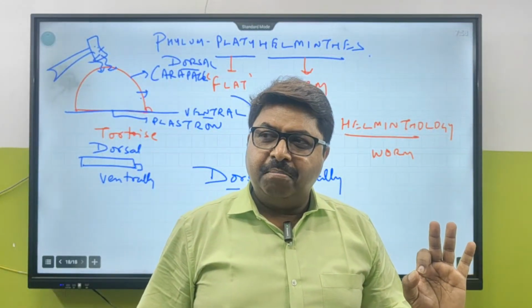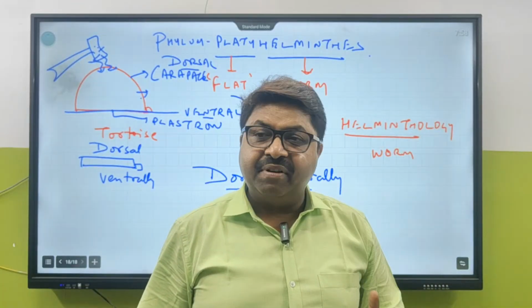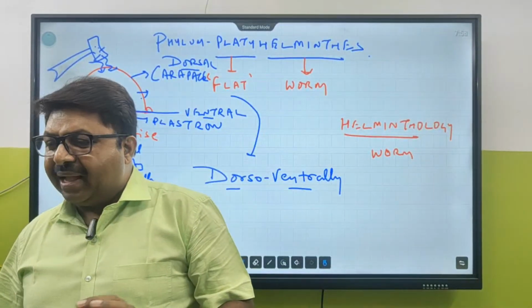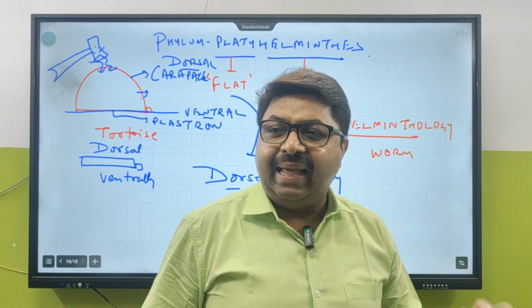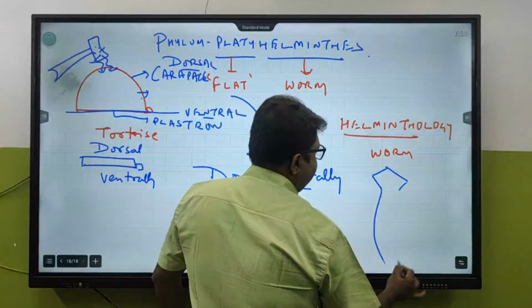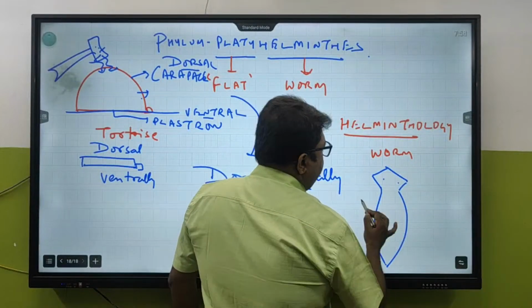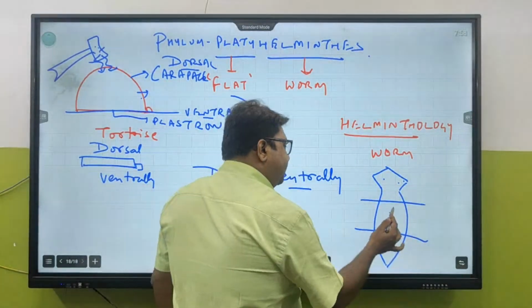They are parasites. But if I talk about some exceptions, exceptions become very, very important. Some of them are non-parasitic, and the example that you already know is planaria. You have seen this figure? If you cut the planaria into 3 pieces, this piece is going to make the whole body.